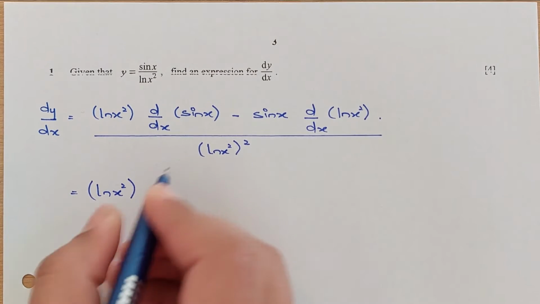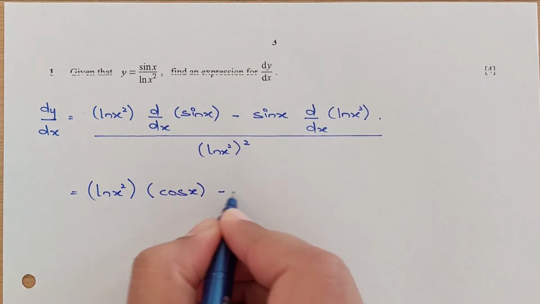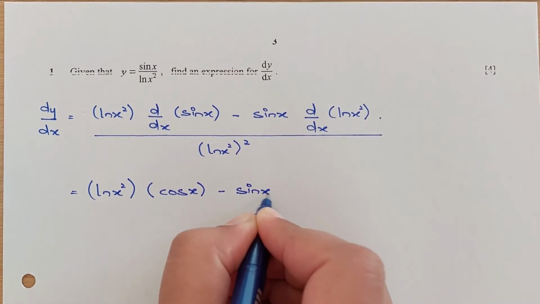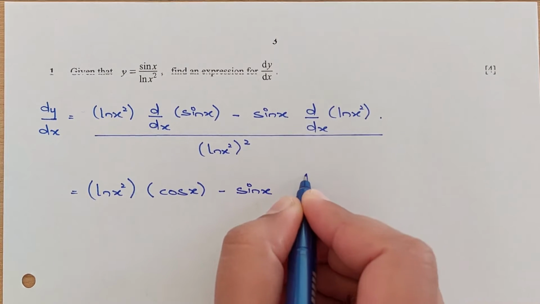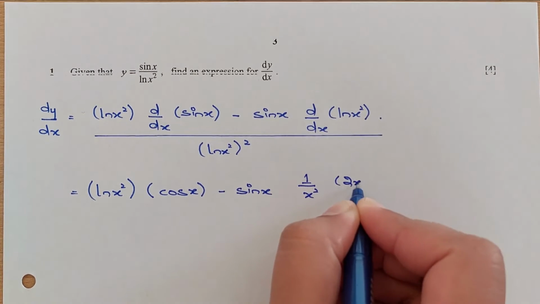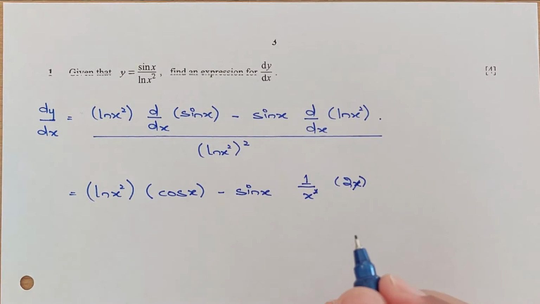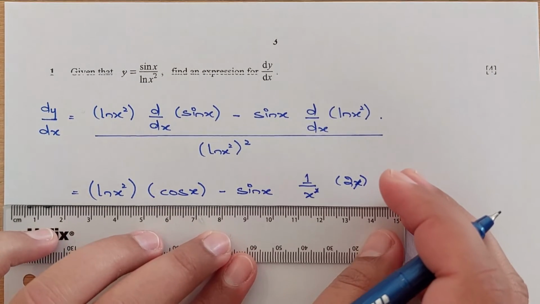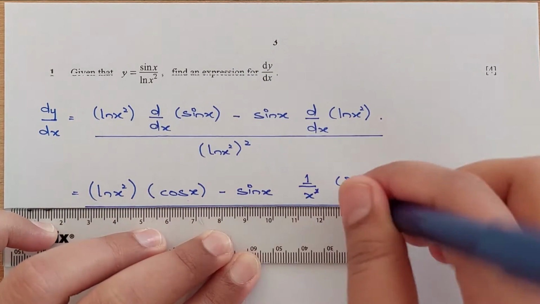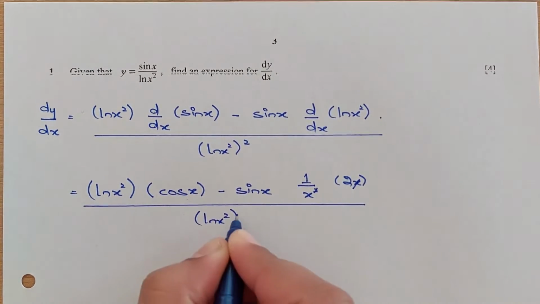The derivative of sine is cos x, right, minus sine x, and the derivative of ln of x squared is 1 by x squared, and the derivative of x squared is 2x. So this x is cancelled with this x, right? And this whole thing is divided by ln x squared whole square.